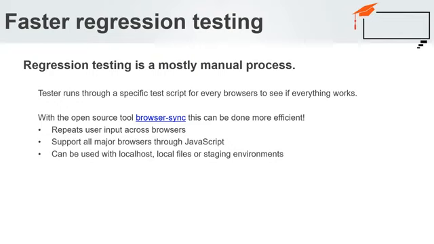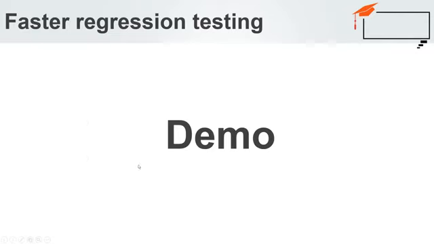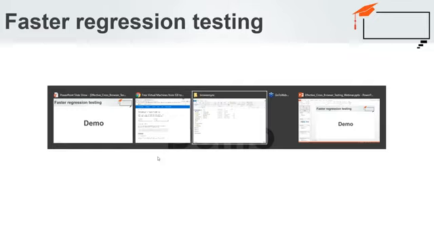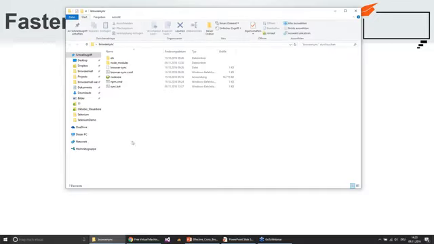This works on your local machine, so you can use it for localhost, for local files, or for a staging environment. My description will most likely not do it justice, so I will show it real quick.